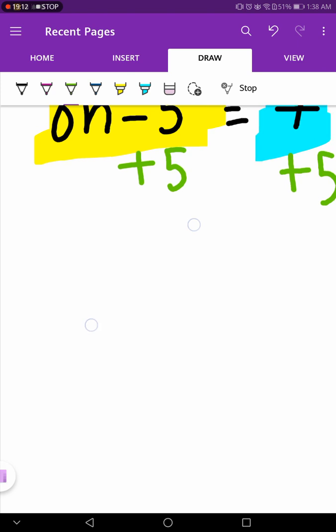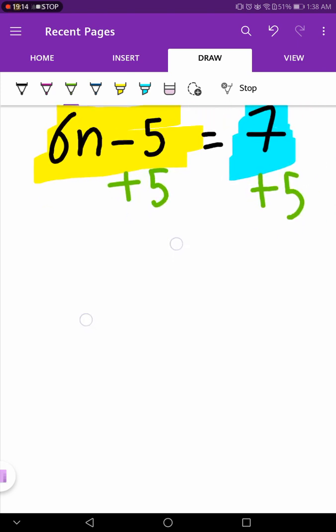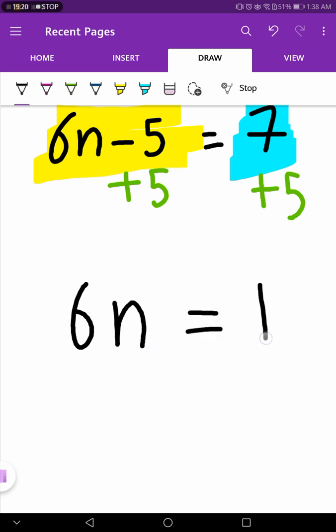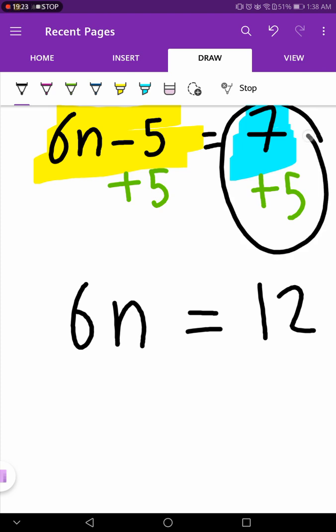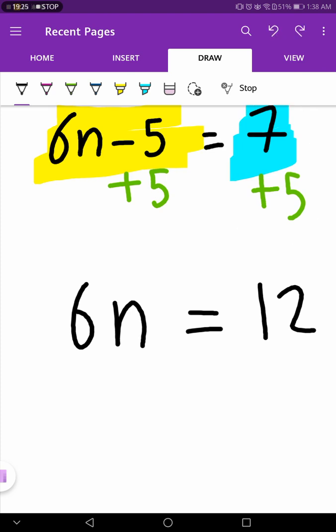So the 6n comes down here from the left side, and the 12 comes from the right side from here. Great.